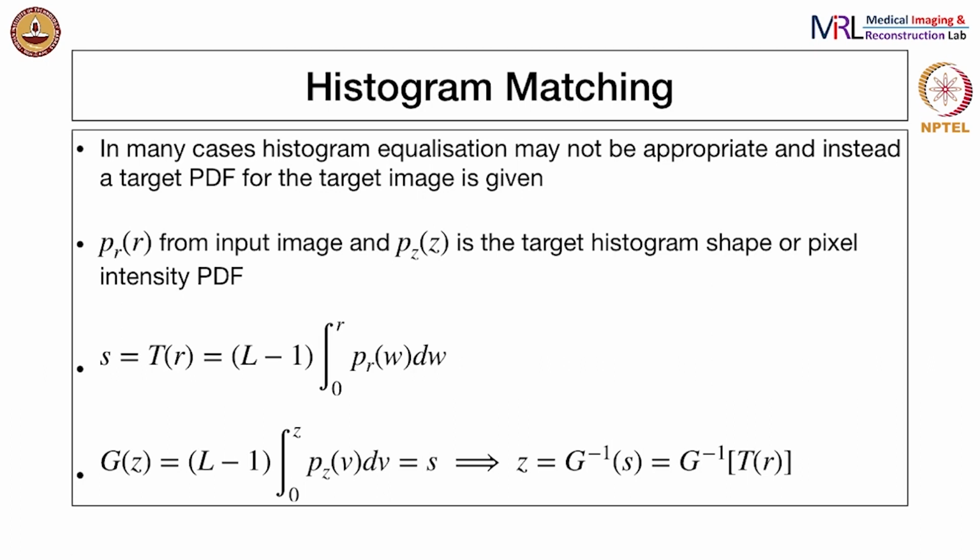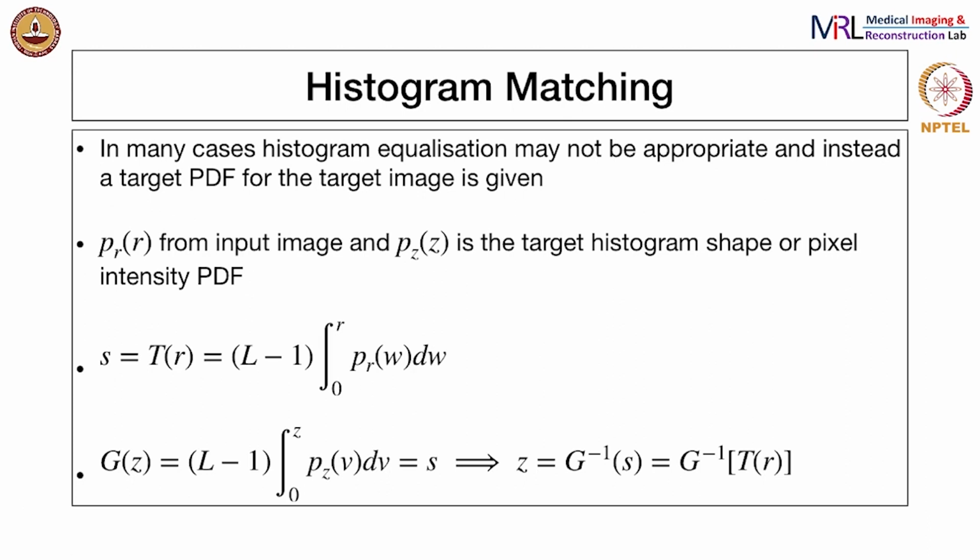In this case, the idea is not to turn everything into a uniformly distributed pixel value image, but rather you have a target histogram, which is considered ideal. Then you try to match all the image histograms to that target histogram. In histogram equalization, the uniform distribution was the target histogram or target PDF.